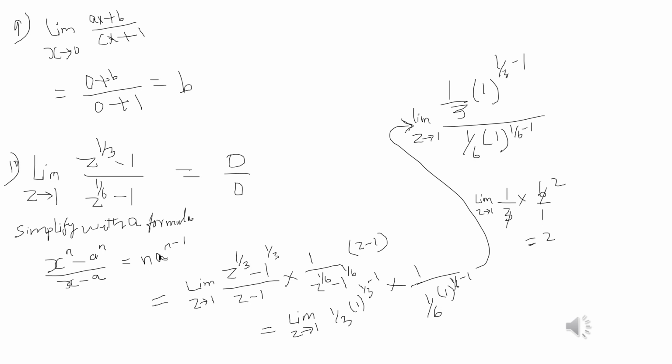Substituting the respective values and simplifying, we get the answer: limit z approaches 1 equals 2. It's very simple.